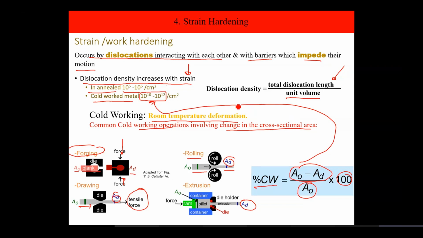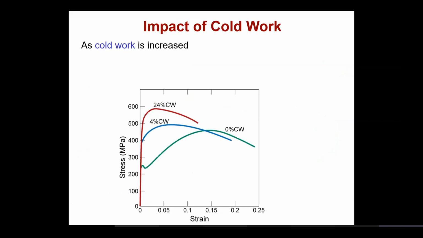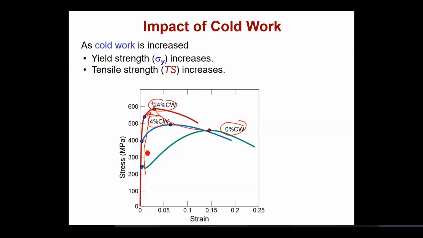Higher the percentage cold work, higher the dislocation density, and higher would be the increase in tensile strength. So if you see three samples over here, one with 0% cold work, one with 4%, and the third with 24%, you would see that the yield strength is increasing. And not only yield strength, it is the tensile strength which is also increasing.